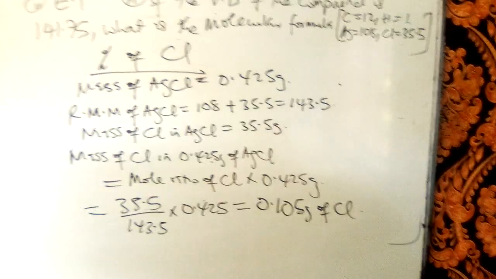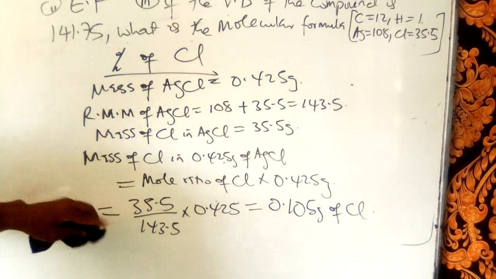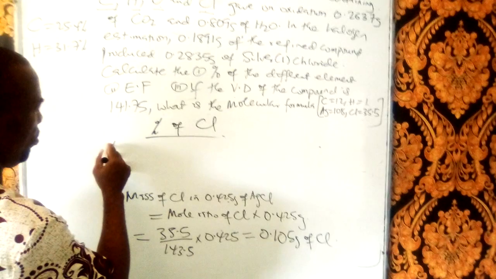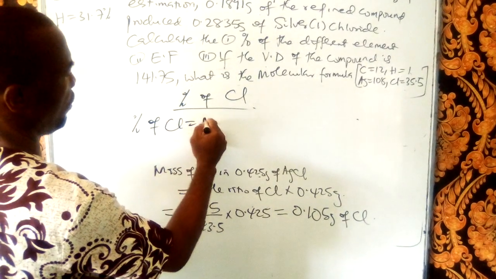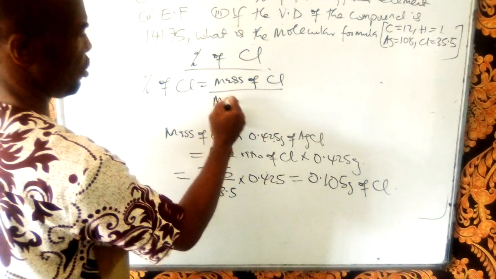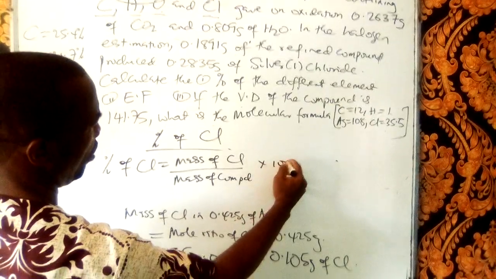We now find the percentage of chlorine. So the percentage of chlorine will now become mass of chlorine all over mass of compound multiplied by 100 over 1.